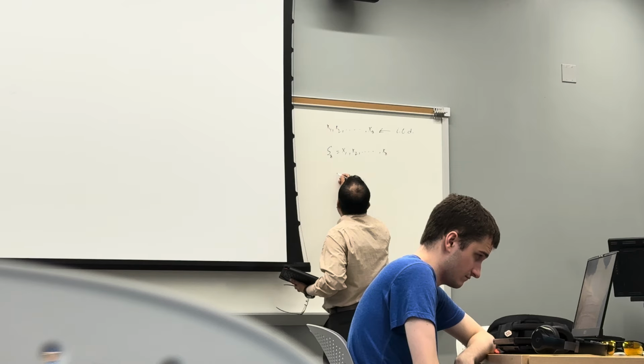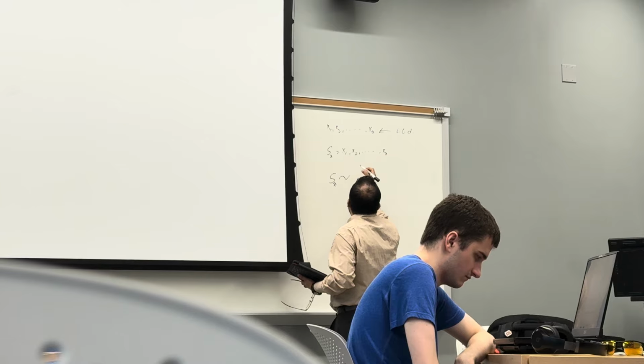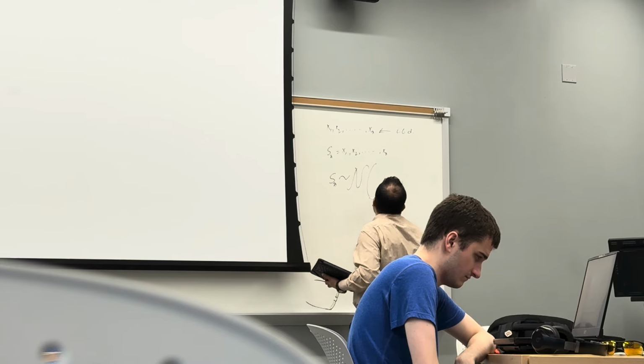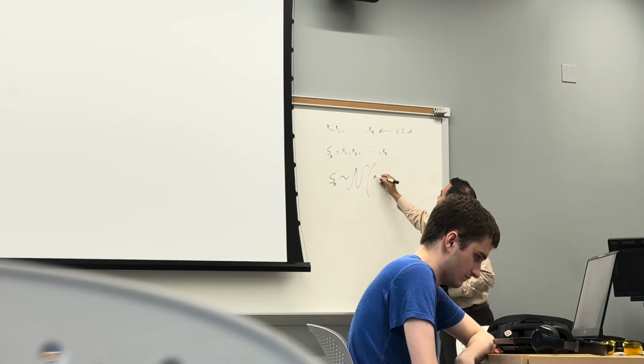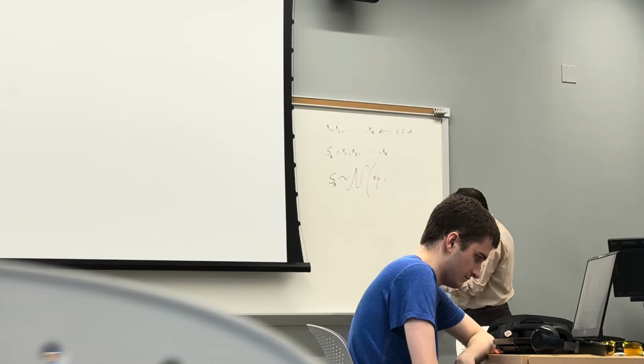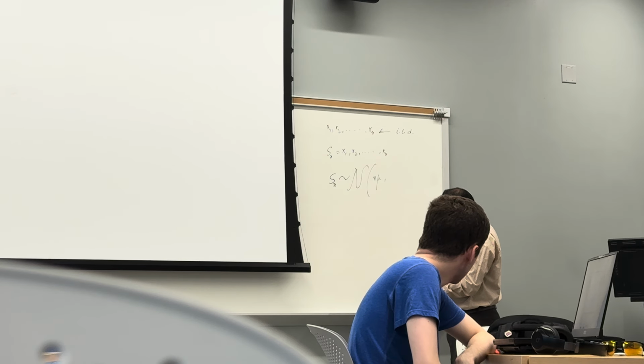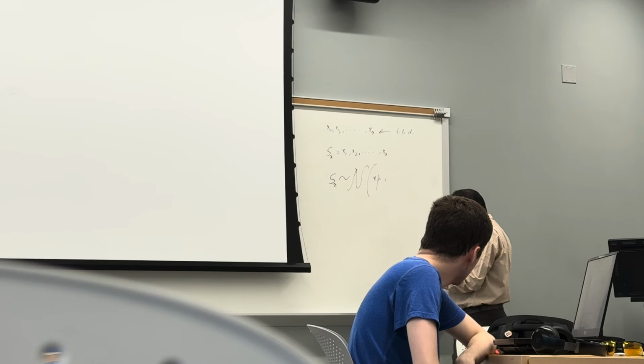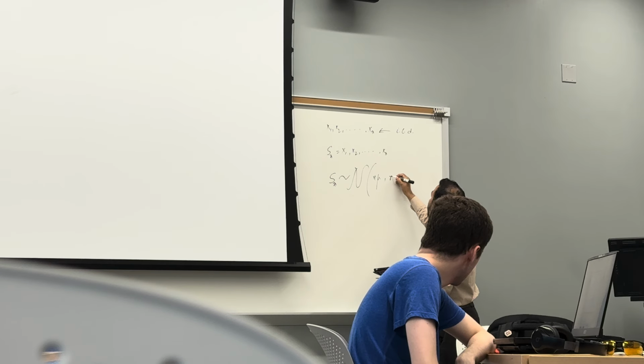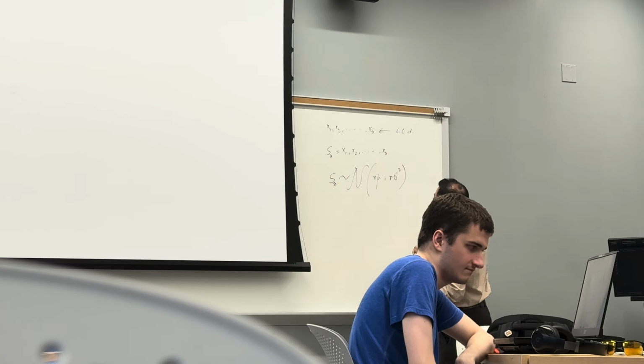This summation, Sn, is going to follow a Gaussian distribution with mean n mu and variance n sigma squared.